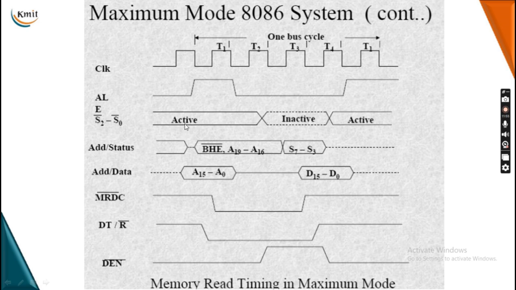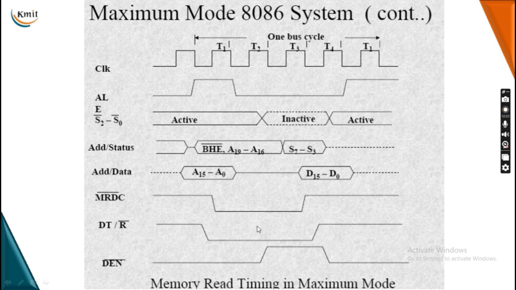When S2 to S0 are active, the memory read operation happens. When it is inactive, it goes to the high state, because it is a bar signal, an active low signal.